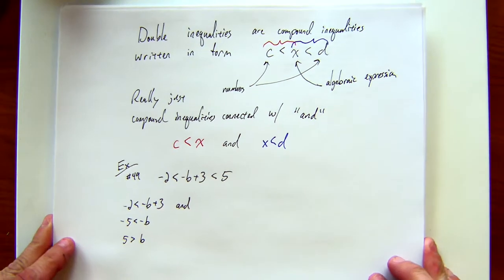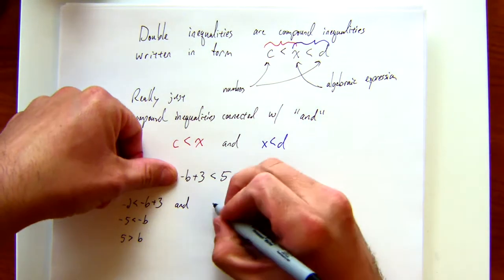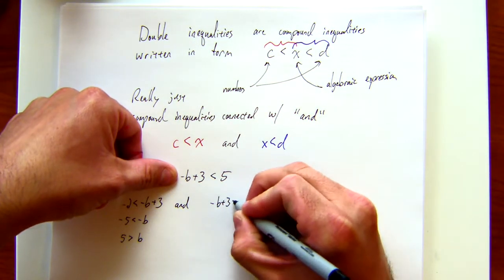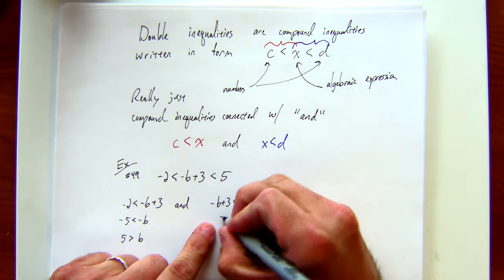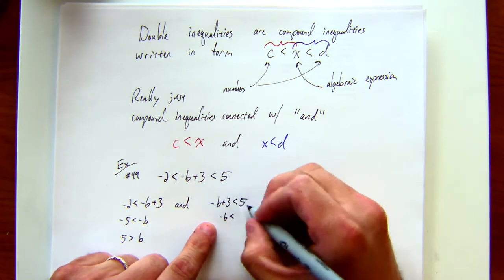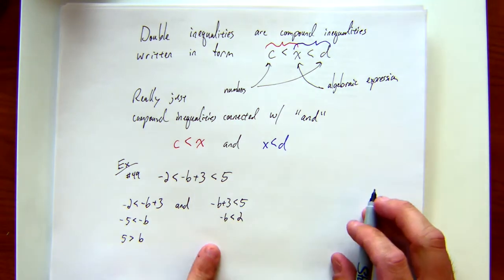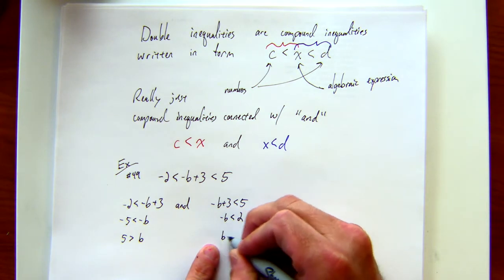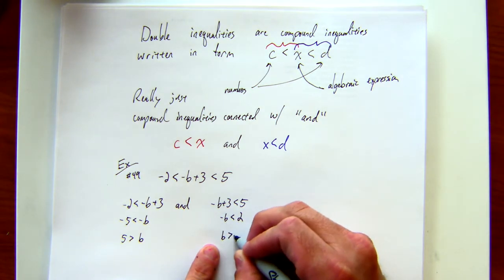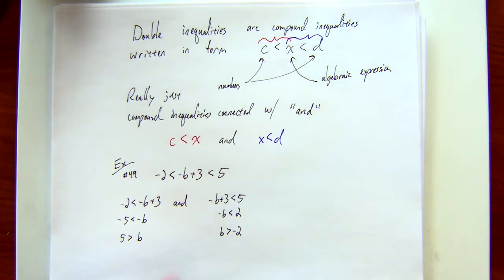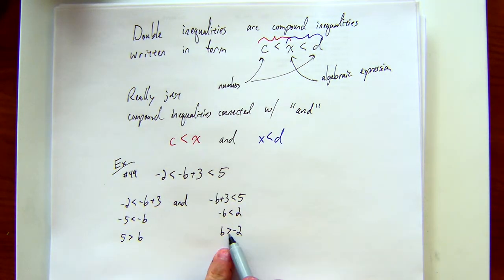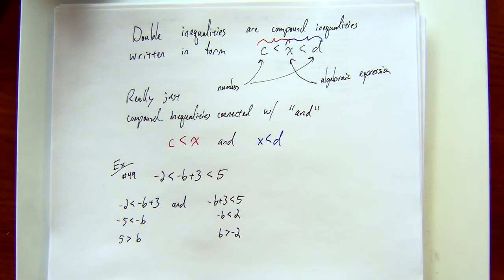And I have negative b plus 3 is less than 5. Subtract the 3. Negative b is less than 2. b is greater than negative 2. I multiplied by negative 1, and I switched my sign. Any questions?